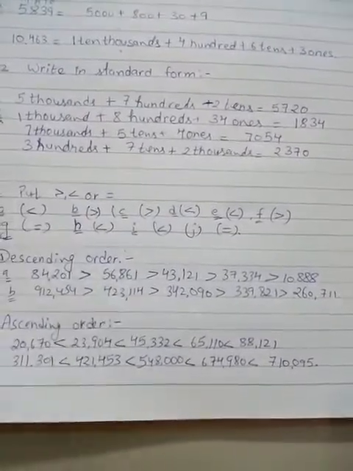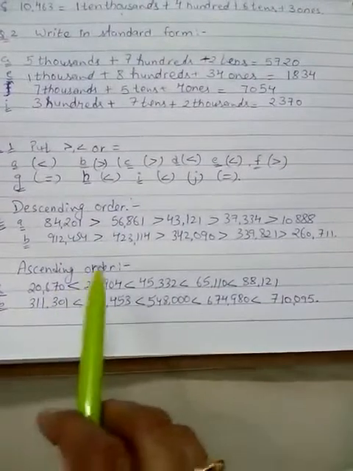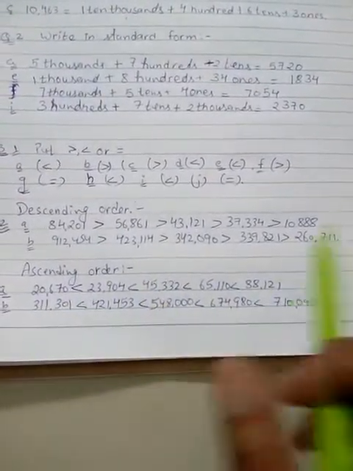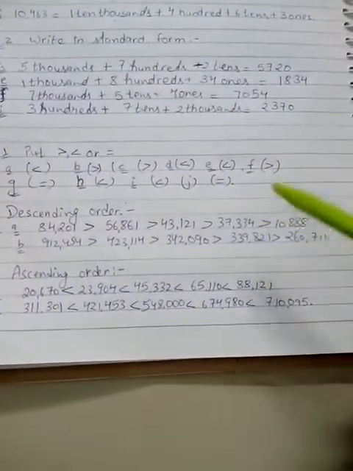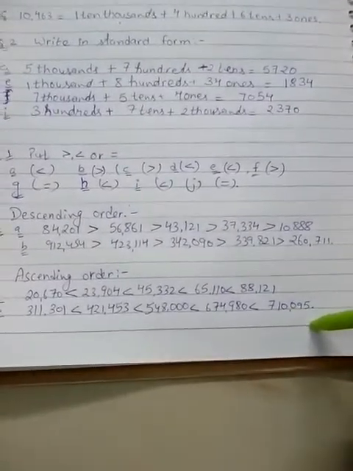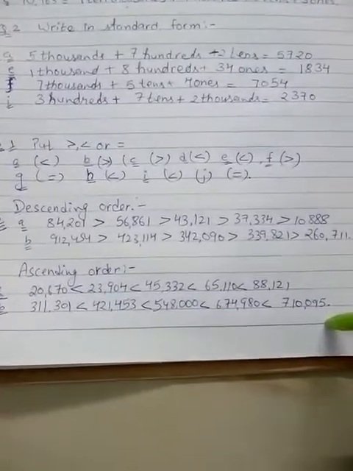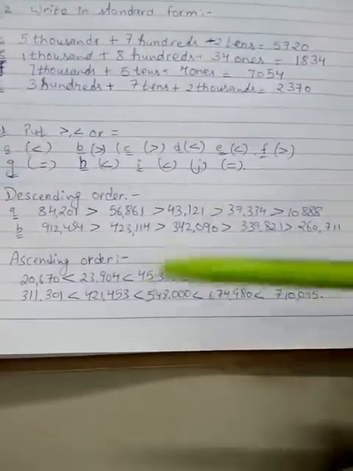Next is arrange the following in ascending order, from smallest to increasing, smallest, then greater, then greater, then greatest. Again one question is of the Indian numeration system and part B is of the international numeration system, but don't bother about them, that is only the numbers. So you have to arrange them.